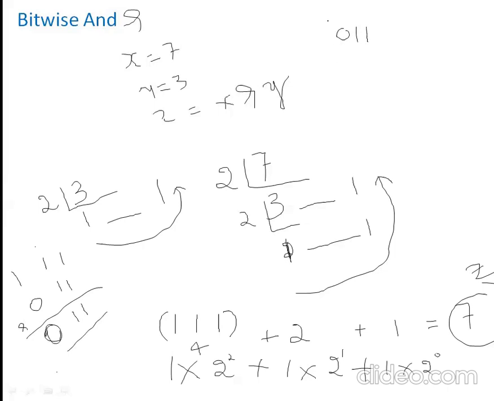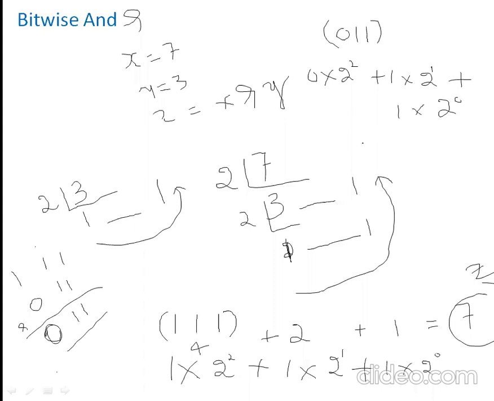So let us convert this resultant binary value into decimal. How to convert it? 0 into 2 to the power 2, plus 1 into 2 to the power 1, plus 1 into 2 to the power 0.